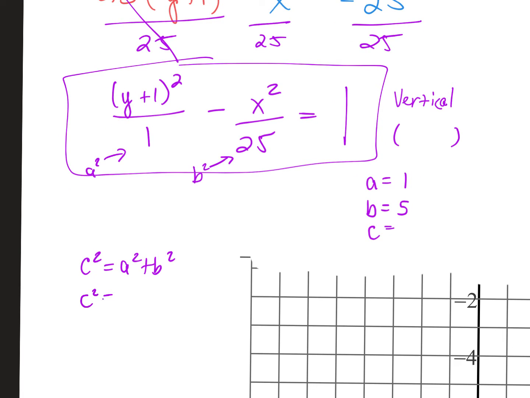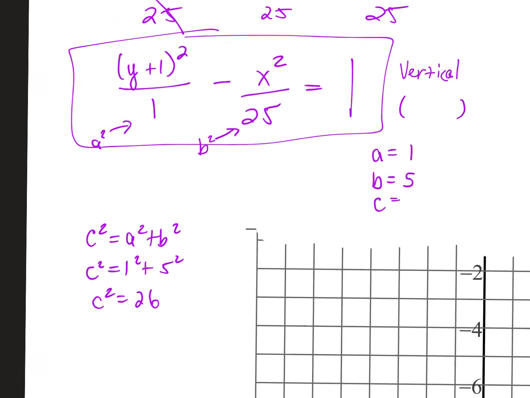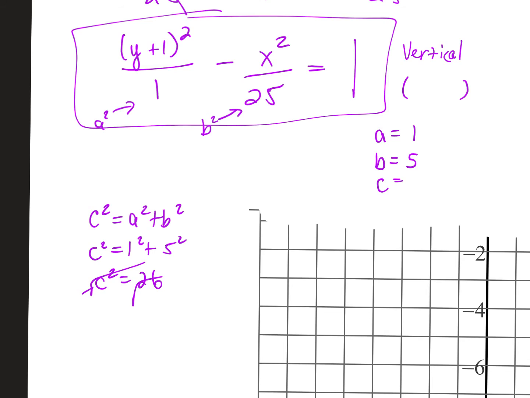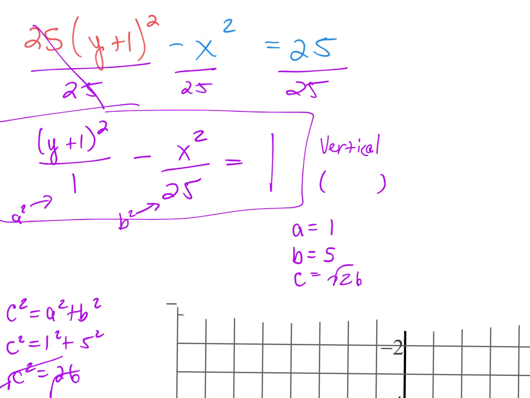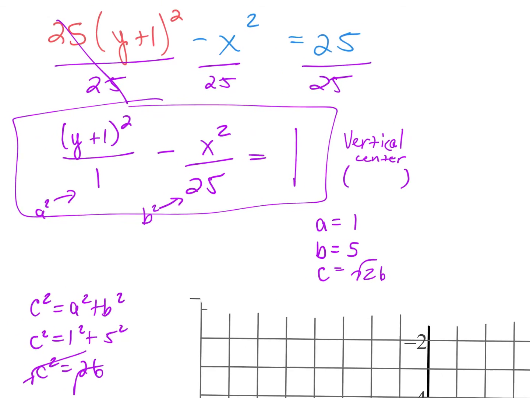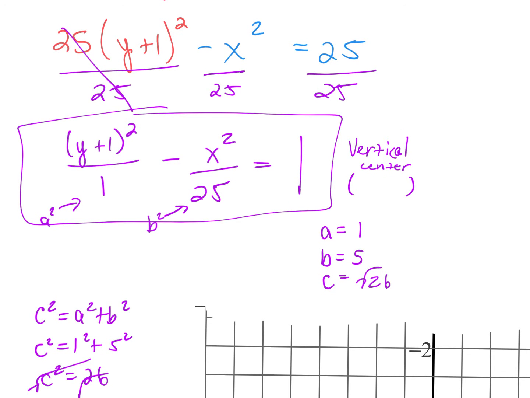So c squared equals 1 squared plus 5 squared. What does c squared equal? 26, right? So then I take the square root, and c equals the square root of 26. What is my center? Where's the center of my hyperbola?